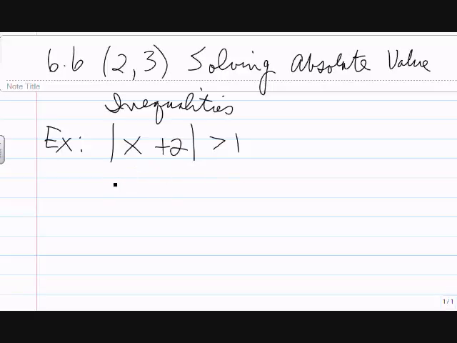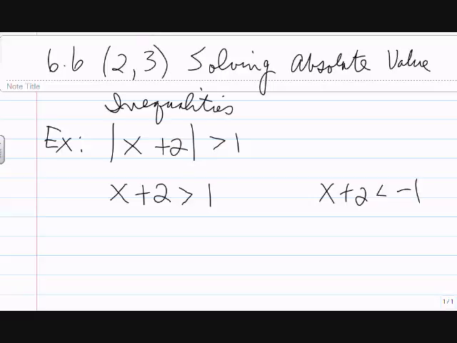So I'm going to take x plus 2 and 1 and x plus 2 and negative 1, just like we split up the equations when we did absolute value equations. If I have a greater than sign, I'm going to go greater than 1, and then I have to change the other one to less than negative 1.